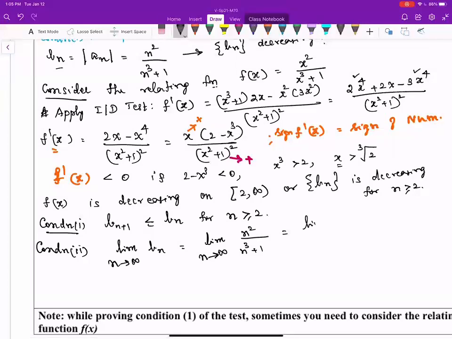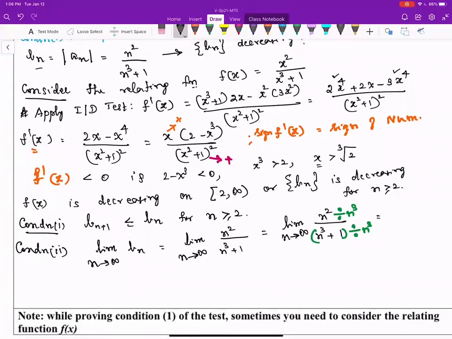If you divide the numerator and the denominator by the highest exponent of the denominator, which is n cube, you get limit as n approaching infinity of 1 over n in the numerator, and the denominator is 1 plus 1 over n cube. So the numerator goes to 0 and the denominator to 1. So it's 0 over 1, which is equal to 0. So condition 2 is also proved.